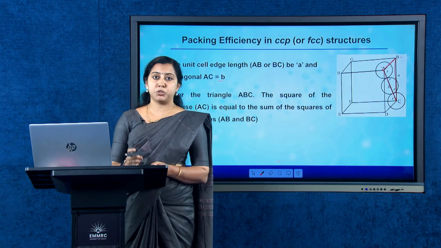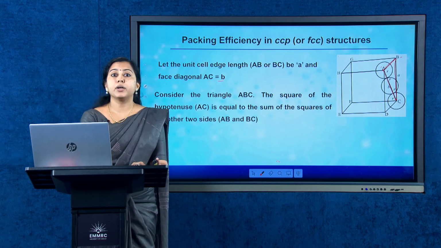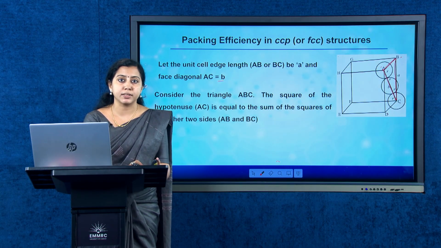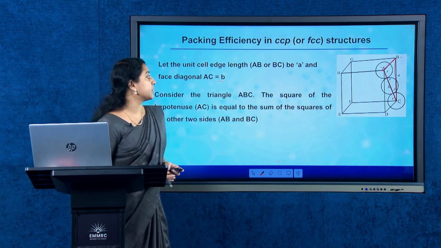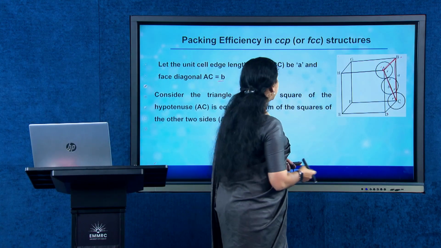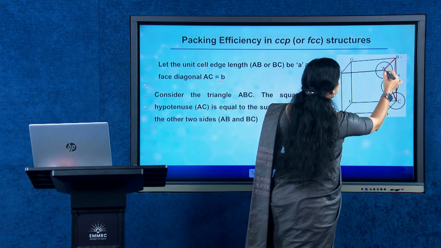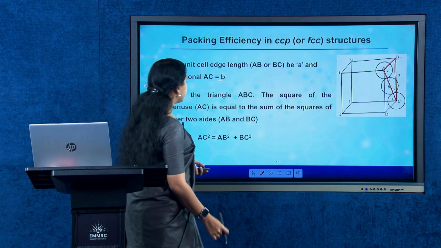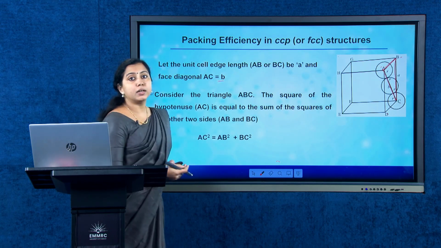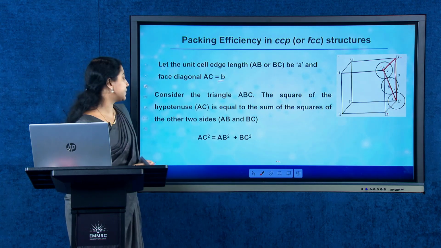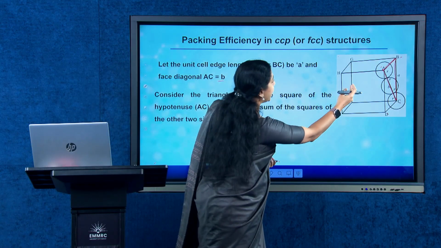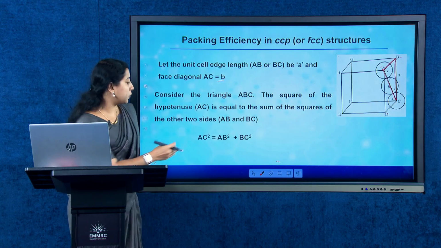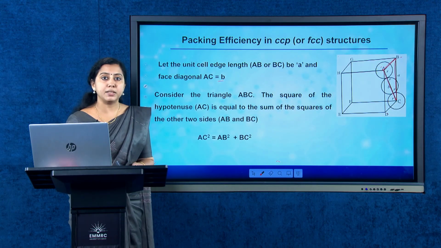We know that from geometrical considerations, the square of the hypotenuse is equal to the sum of the squares of the other two sides. When we consider the triangle ABC, AC is the hypotenuse. So, AC square will be equal to AB square plus BC square.